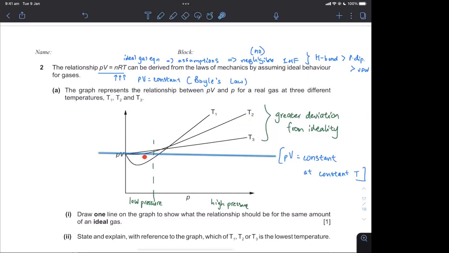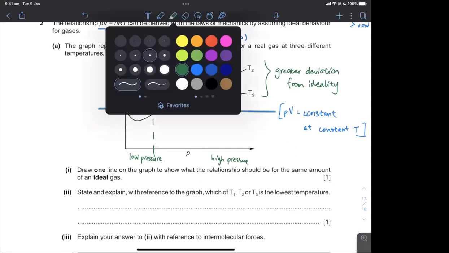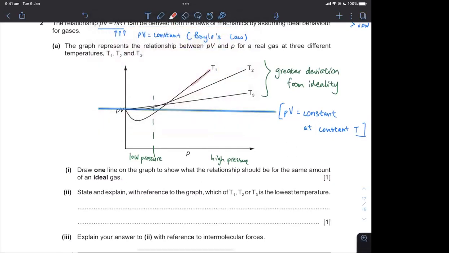So these are the more ideal ones, but among T1, T2, and T3, you can see, follow this T1, T1 here is the least ideal compared to T2 or T3. Because you expect the line to be very close to these horizontal lines, but this one is far below the horizontal line.